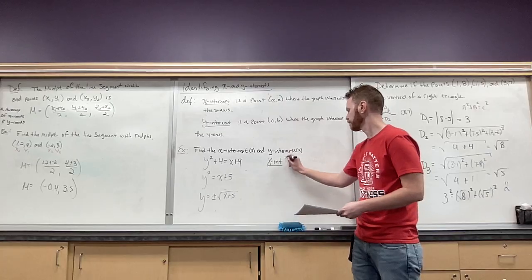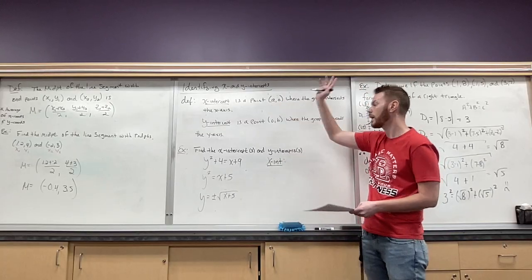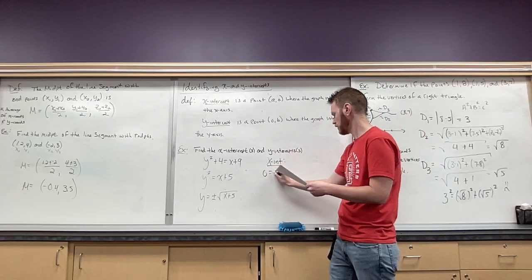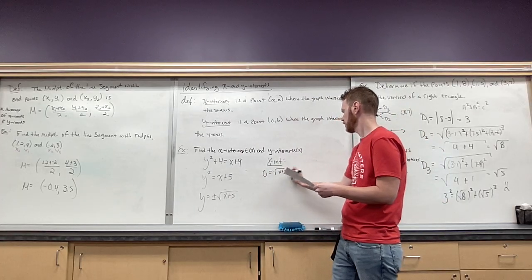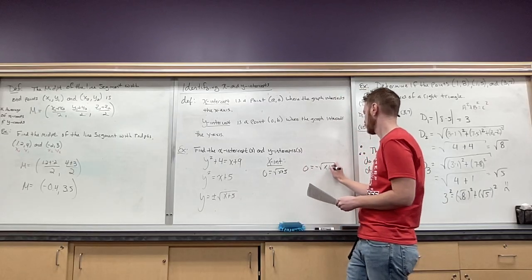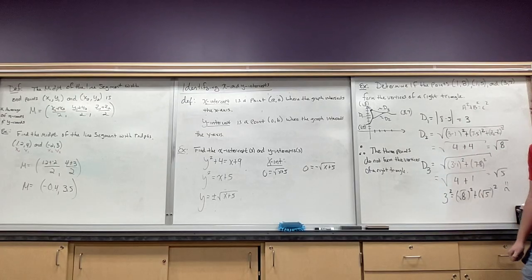X-intercepts. So if you look at the x-intercept, if it hits the x-axis, that's when y is 0. So I'm just going to plug 0 in for y. So 0 is equal to the square root of x plus 5. But you also have another case here. 0 could equal the negative square root of x plus 5. So we have two options to consider there.